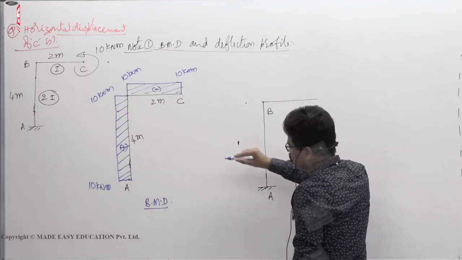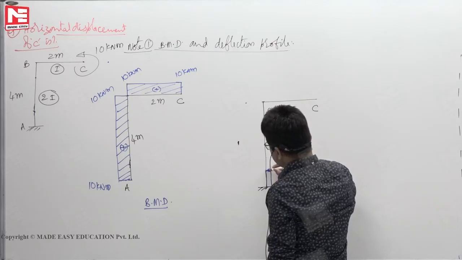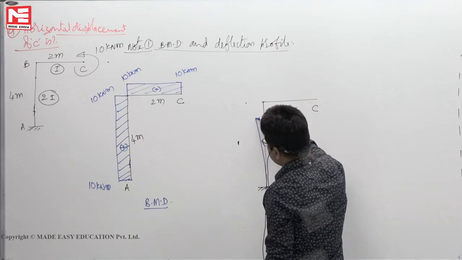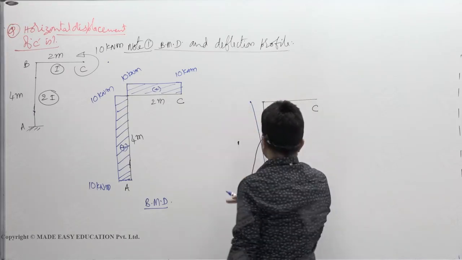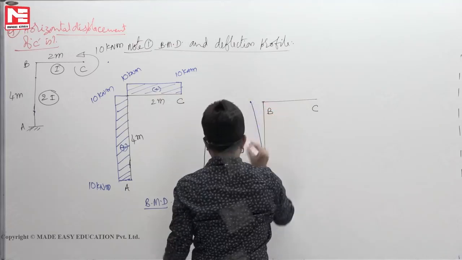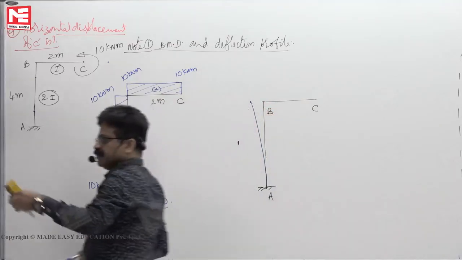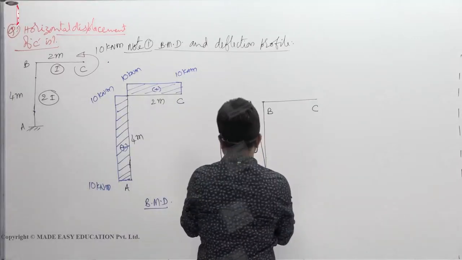Then there is a constant bending moment. In strength of materials you have studied that it bends like an arc of a circle, like this. Then here also an arc of a circle. Because it is a rigid joint, the 90-degree angle should be maintained as it is.